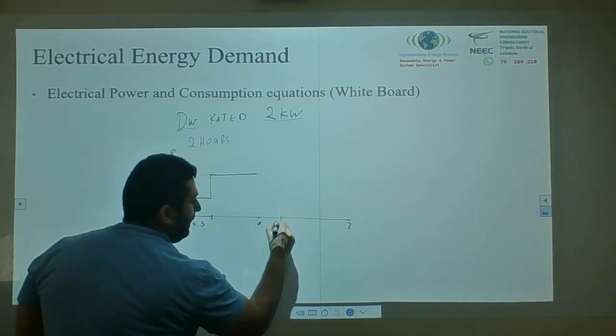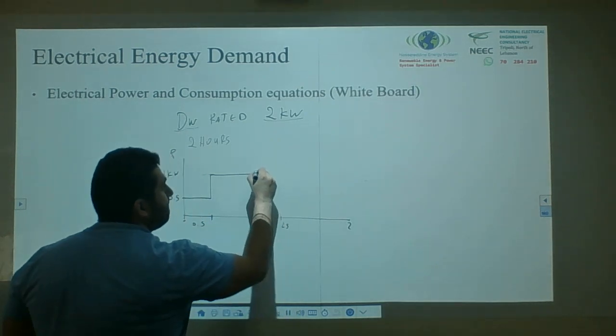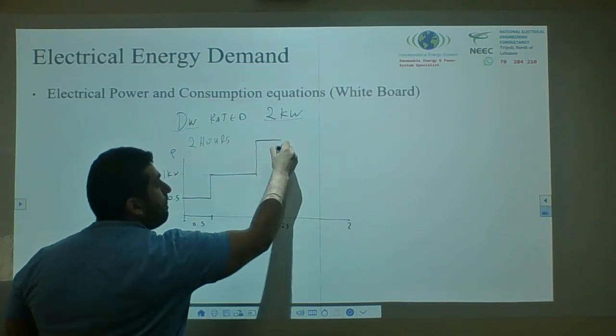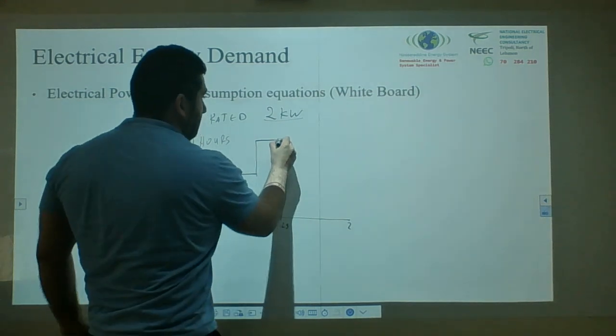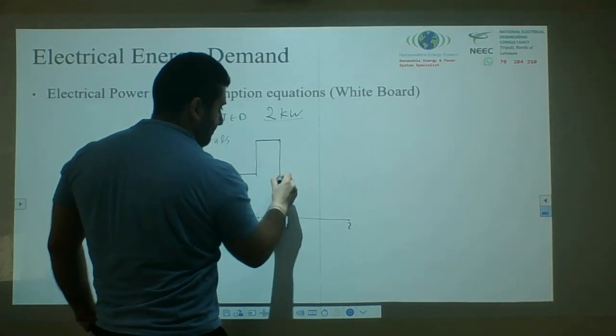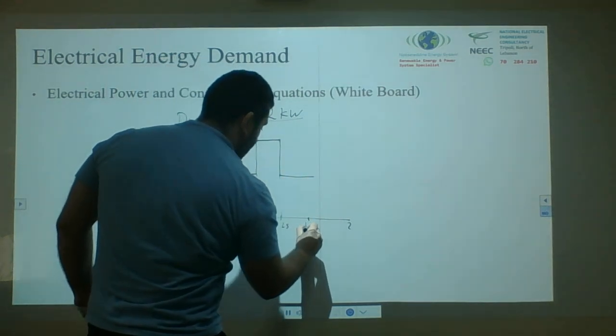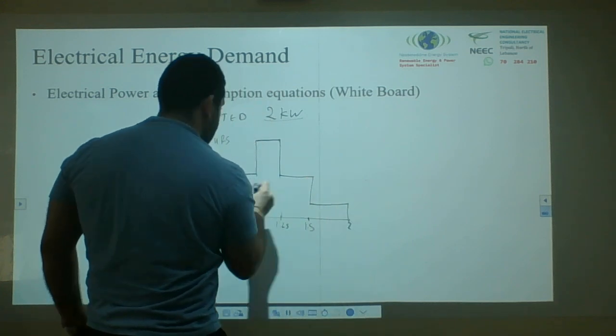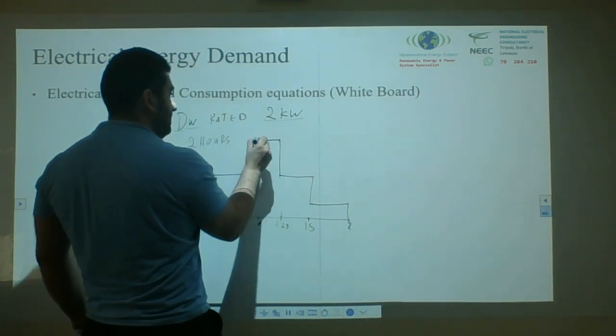Between this one and 1.25, it went up to 2. And then it drops down until 1.5 and then goes down like this. This is 1, this is 2 kilowatt.